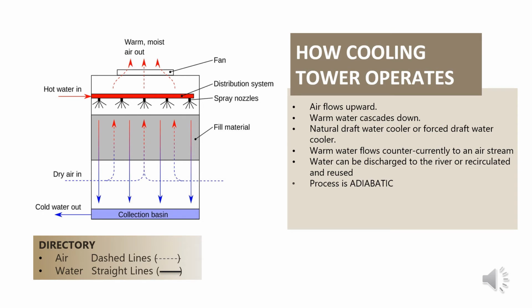Moving on to how a cooling tower operates. Since a cooling tower is purposed to cool down the temperature of hot water, it requires an amount of cool air. In the diagram here, the dashed lines refer to the air, while the straight lines refer to the water.